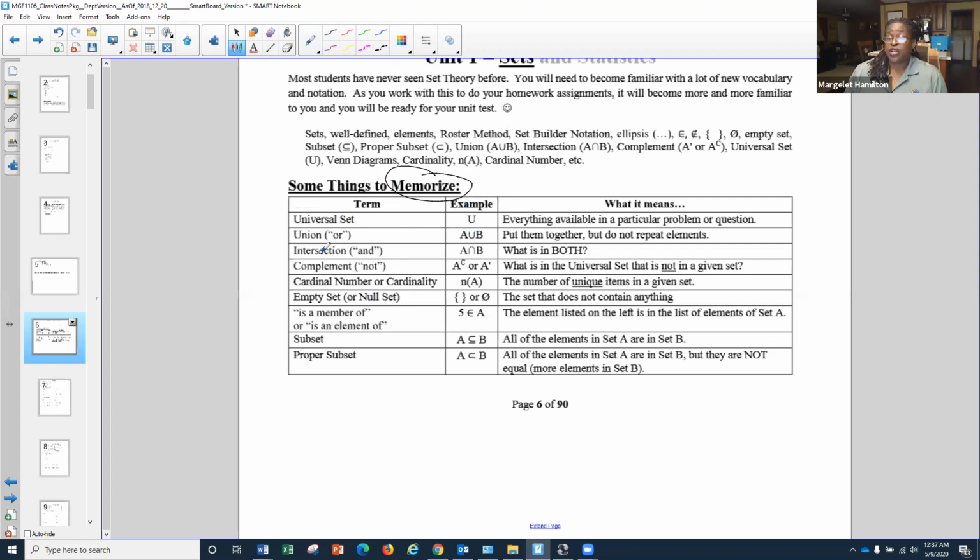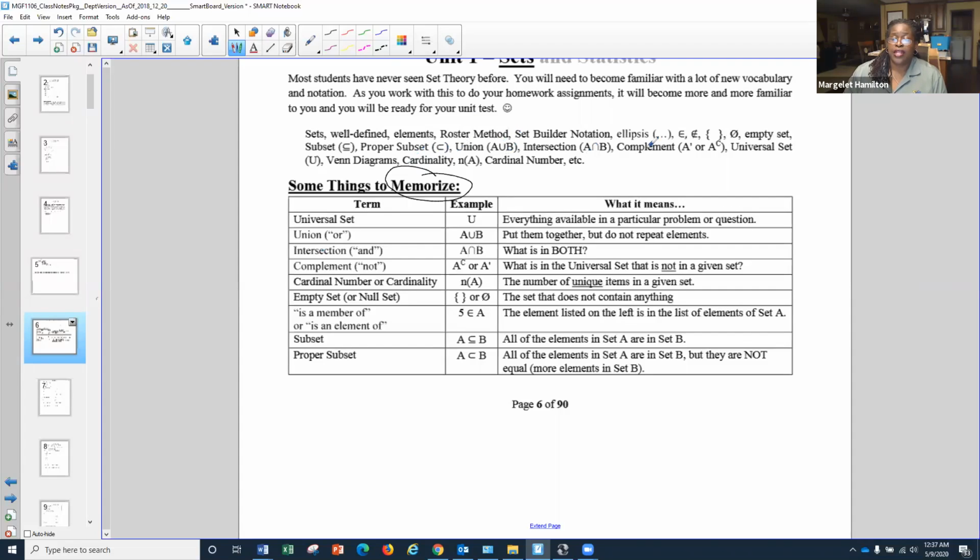First things first, we're just going to go over our definitions so we can make sure we know exactly what we're talking about. We're going to be able to tell what a well-defined set is, looking at elements, roster method, set builder notation, ellipsis, and how to use that properly. Some of these things we've seen in our past before, so we're going to bring these back to our memory in this lesson.